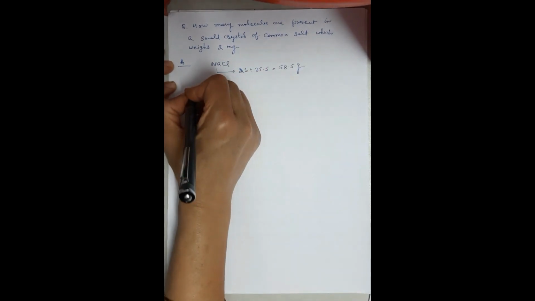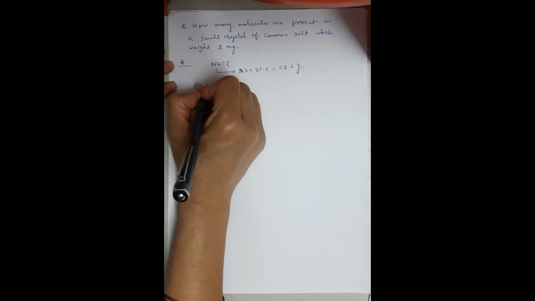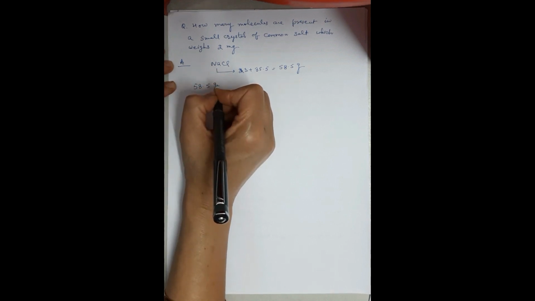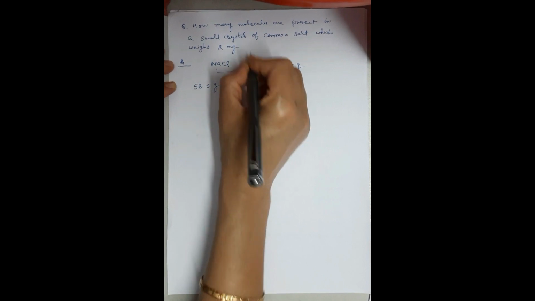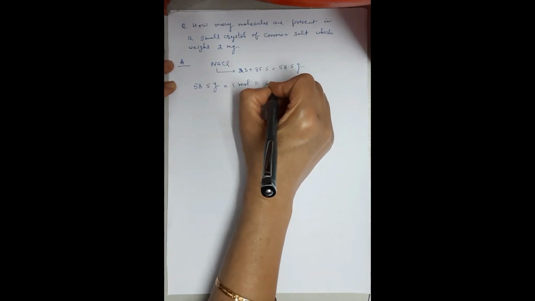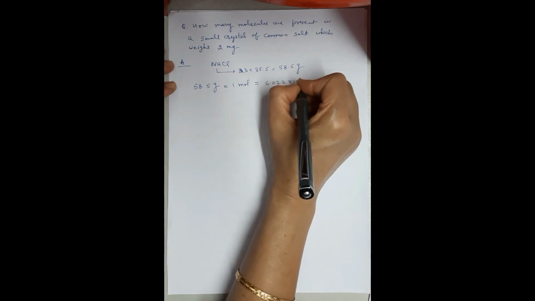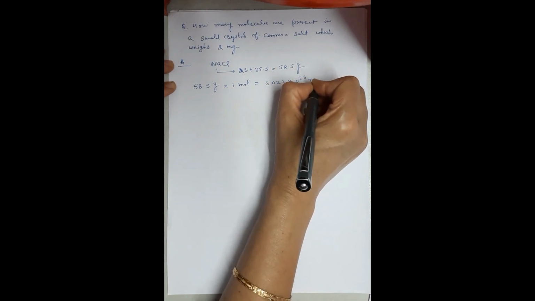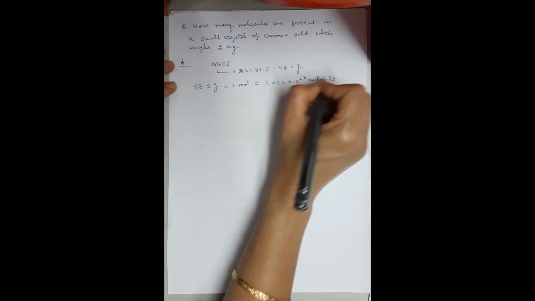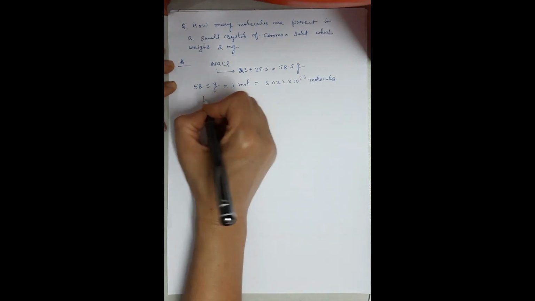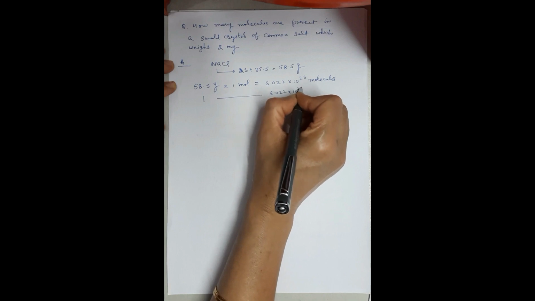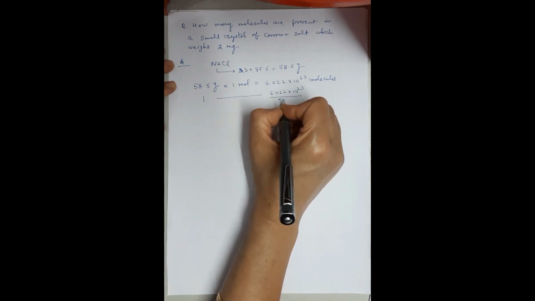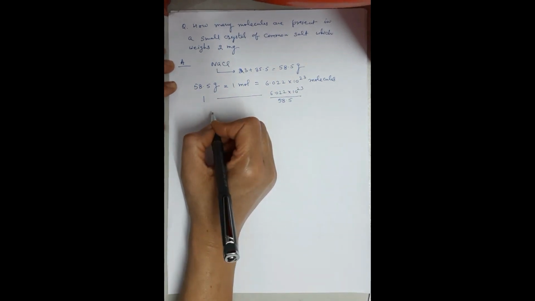You know, 58.5 grams is equal to 1 mole, and this contains how many molecules? 6.022 into 10 raised to power 23 molecules. And what is the number of molecules in 1 gram? It is 6.022 into 10 raised to power 23 divided by 58.5.